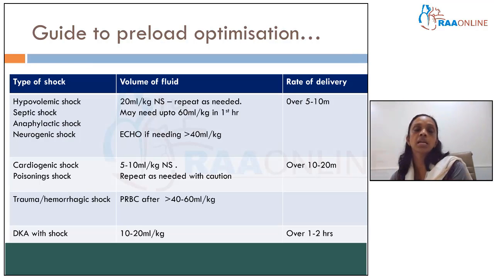And so that is interpreted as 20 ml per kg, and that is why the first bolus in hypotensive shock is always 20 ml per kg as a preload challenge.